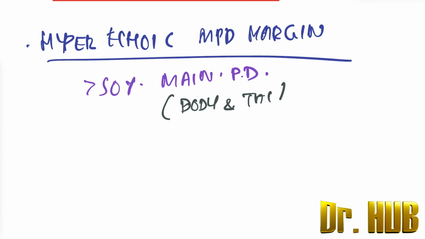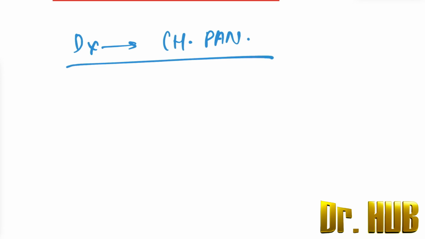Now we have seen the major and minor criteria. Now let's look at diagnosing them. So how do you exactly diagnose chronic pancreatitis?